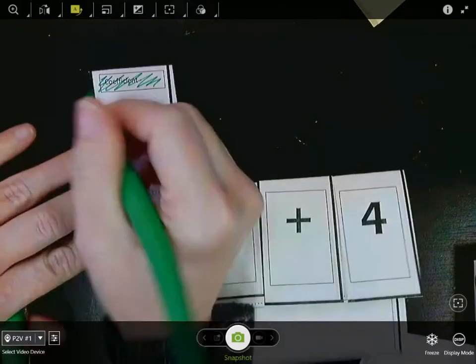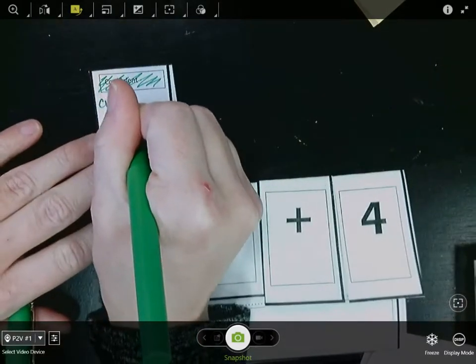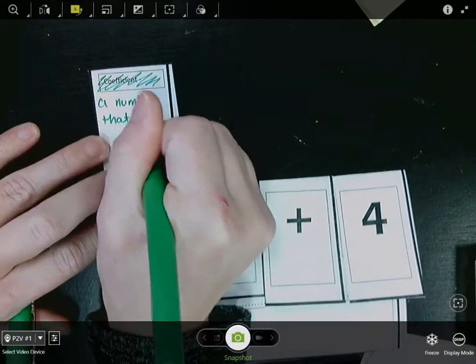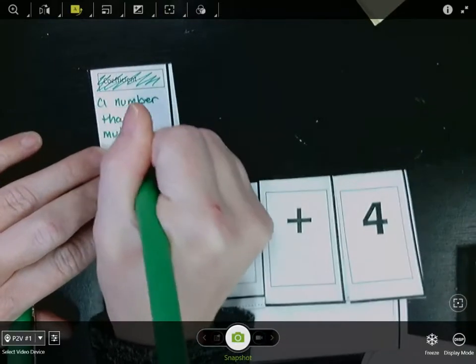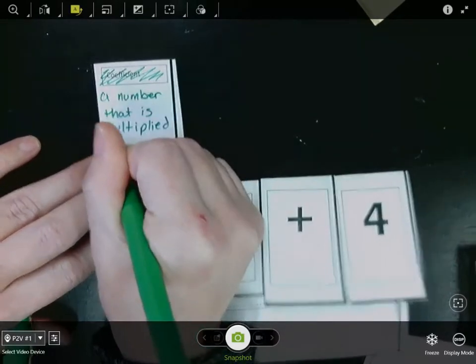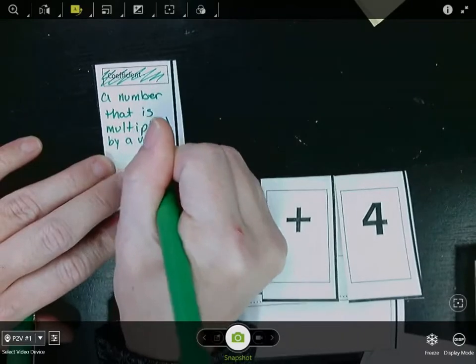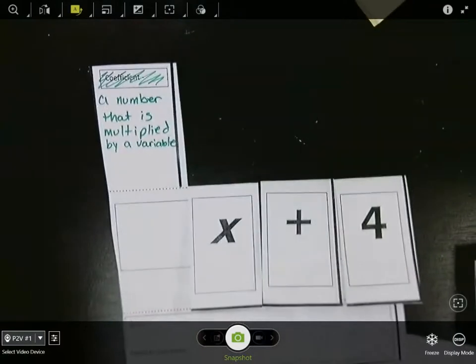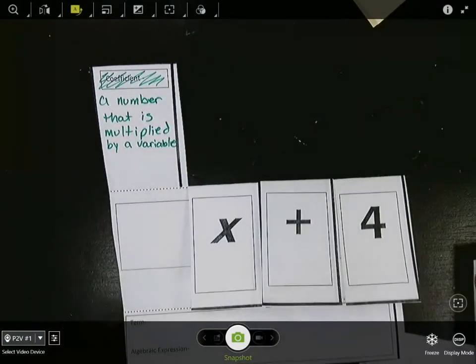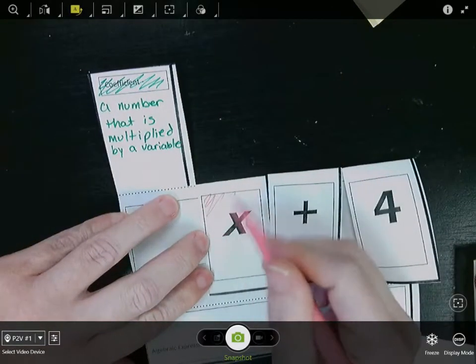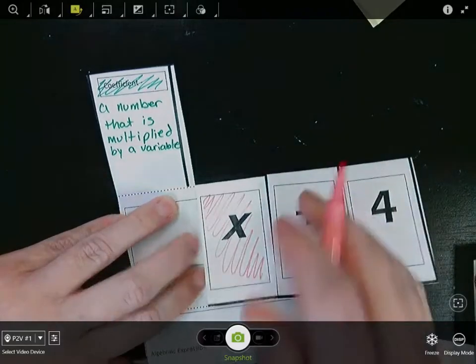A coefficient is a number that is multiplied by a variable. Okay. So 3 times x, 3 would be the coefficient. All right, the next part of our algebraic expression is the x, and that's what's known as the variable.